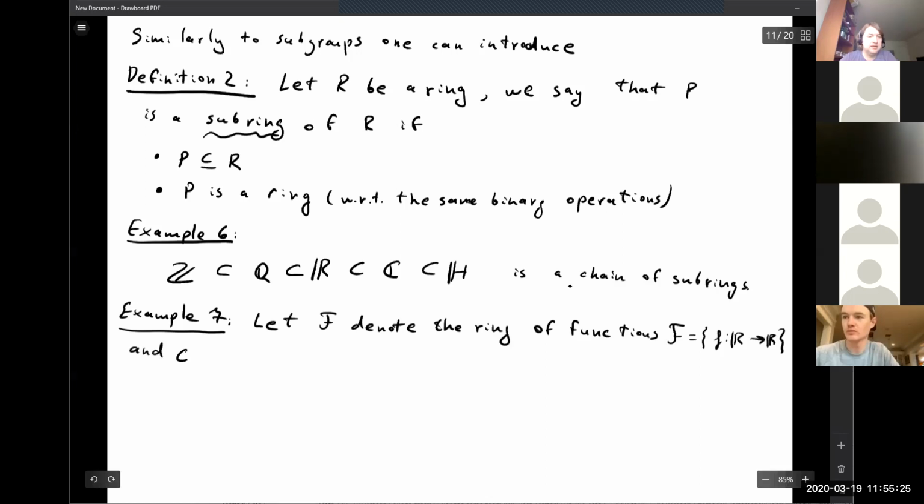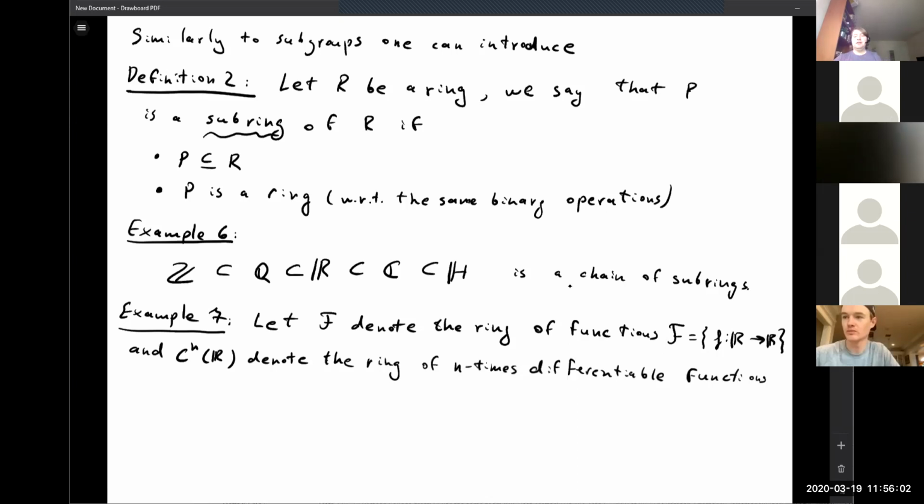And let Cn of R denote the ring of n times differentiable functions.